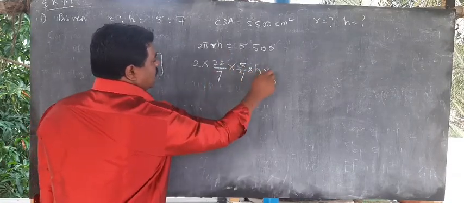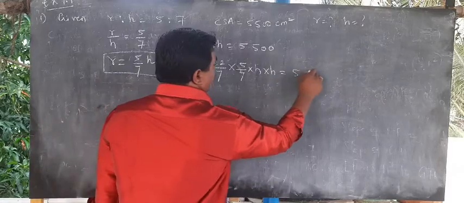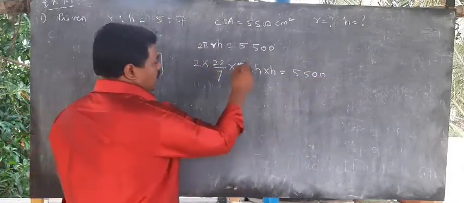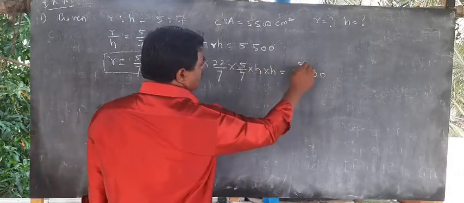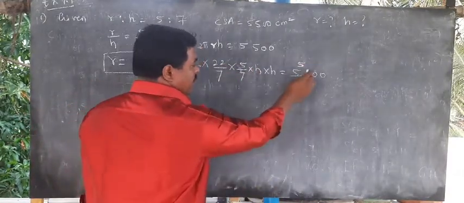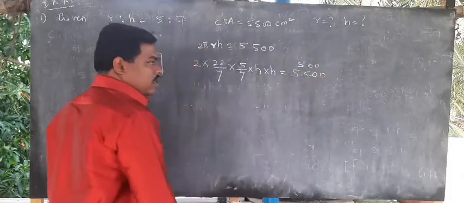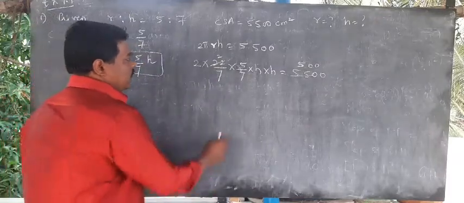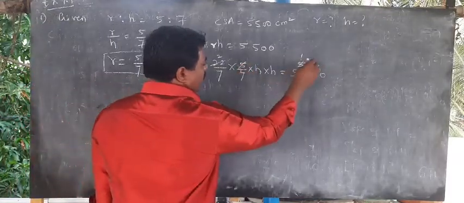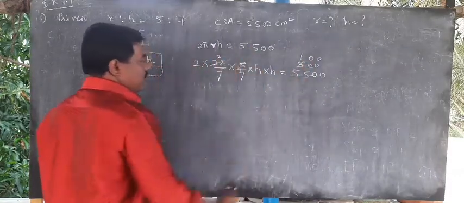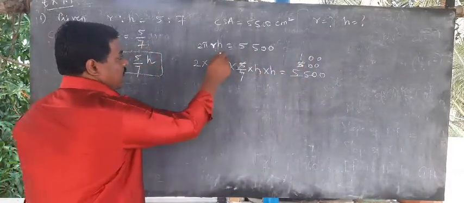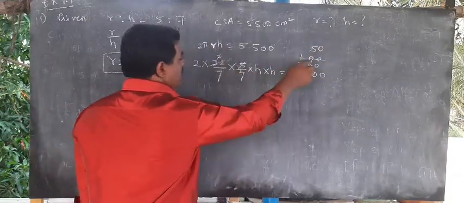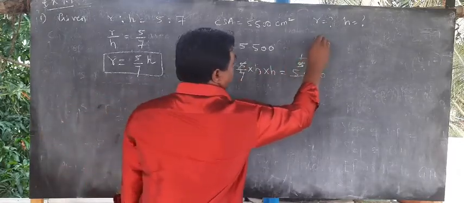Already we have one h, so h square equals 5500 divided by 2 into 22/7 into 5/7. The 11 goes 2 times, 5 goes once, the remaining 2 zeros, then 2 goes 50 times, again 2 goes to 25.